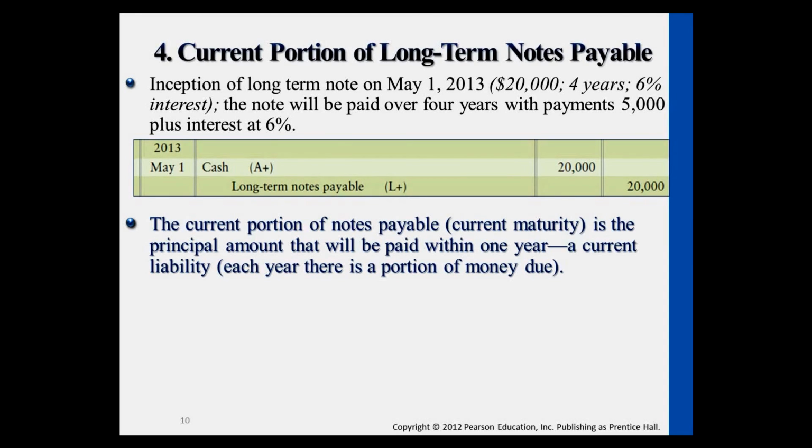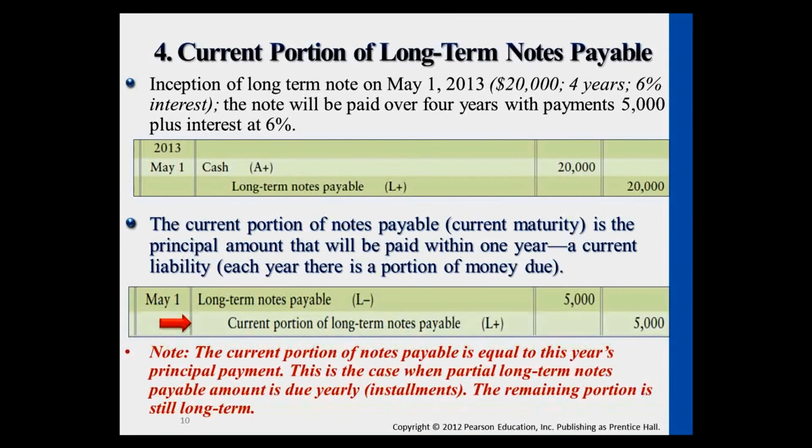Meaning that altogether, this $20,000 originally, when we sign off this promissory note, is a long-term note payable. But because we agreed to pay by installments, every single year a portion of it is due, plus the interest. Next year, same portion, and the interest. So every single year we pay an equal amount until 5 years, and the last year we pay off the full amount.